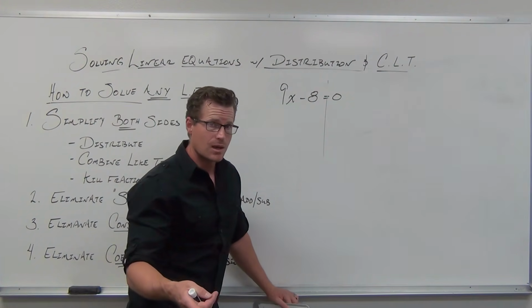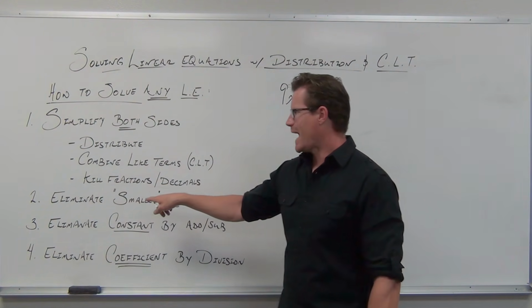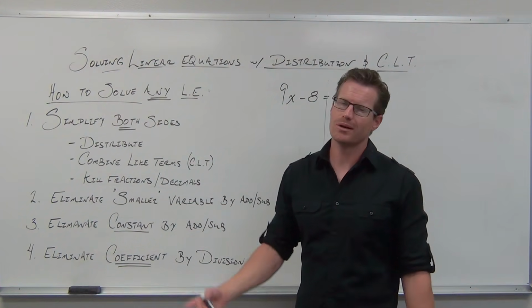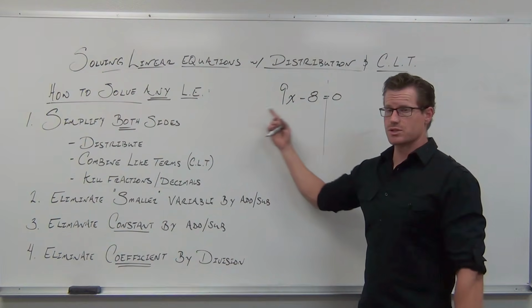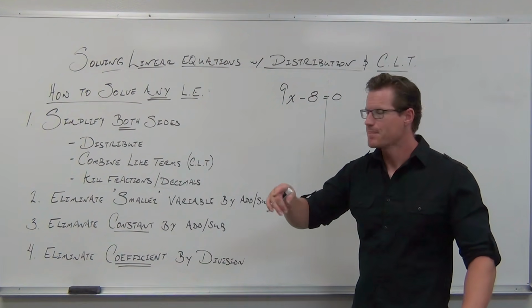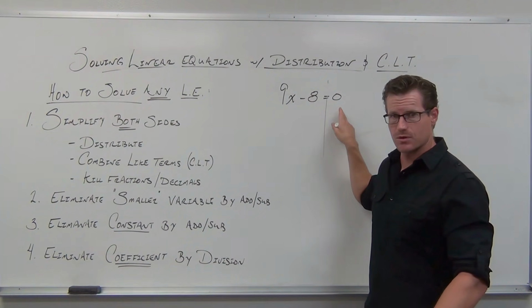Now the next step. The next step is kind of an if step. If you have two variables, get rid of the smaller one. Well, look at it. Do we have two variables here? If you did, hopefully this makes sense to you: if you had two variables at this point, they have to be on different sides of your equation.